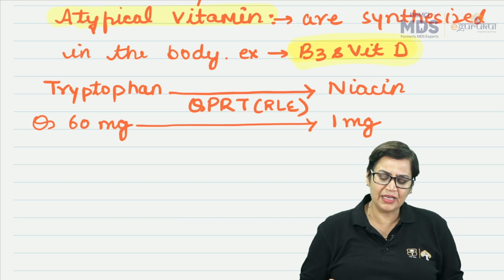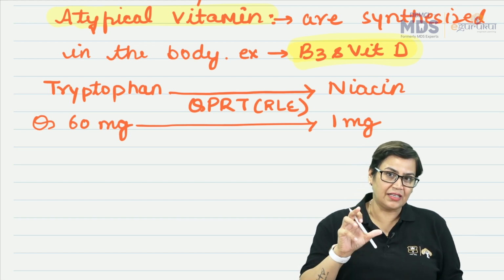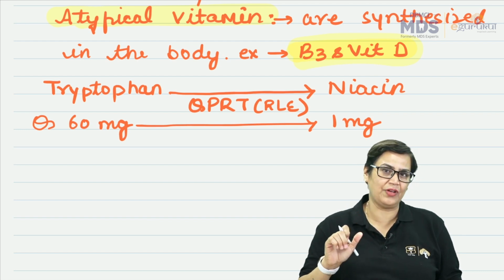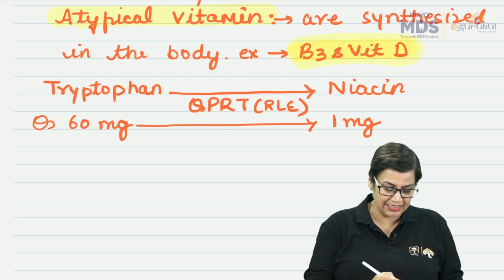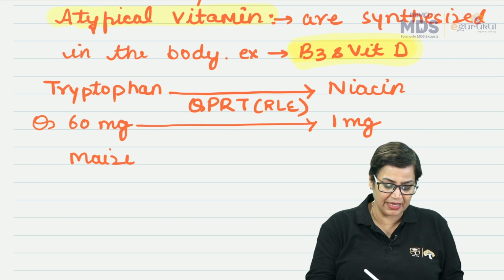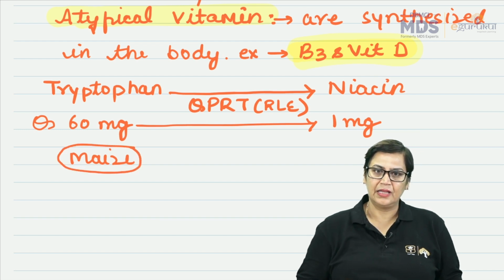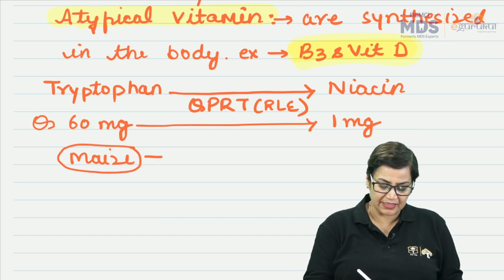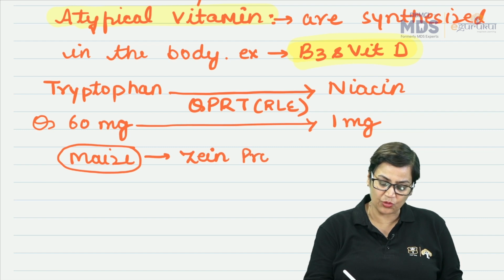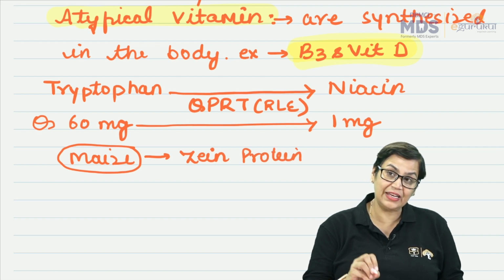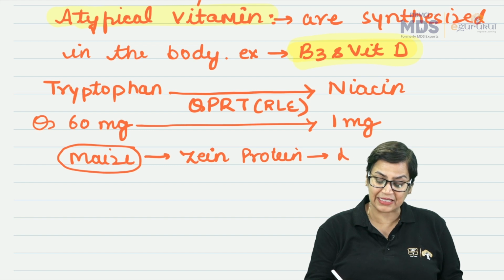Then coming over to B3, it is an atypical vitamin. So we can say the diet which has tryptophan will lead to the formation of niacin. I'll give you one example. All of us are familiar with maize or corn. This maize has a protein called zein. Zein is the protein present in maize, and it is very interesting to know that it lacks tryptophan.